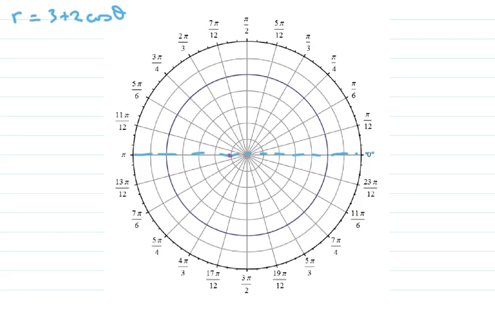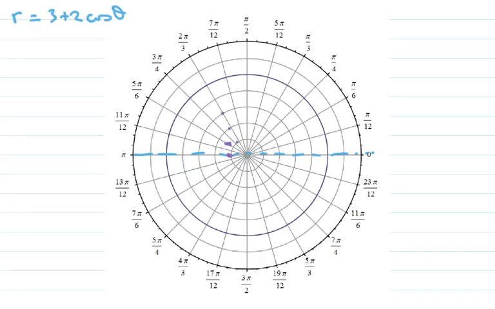At pi, we're at 1. At pi over 6, we're at approximately 1.27. So a little bit out here. And at 2 pi over 3, we're going out 3.